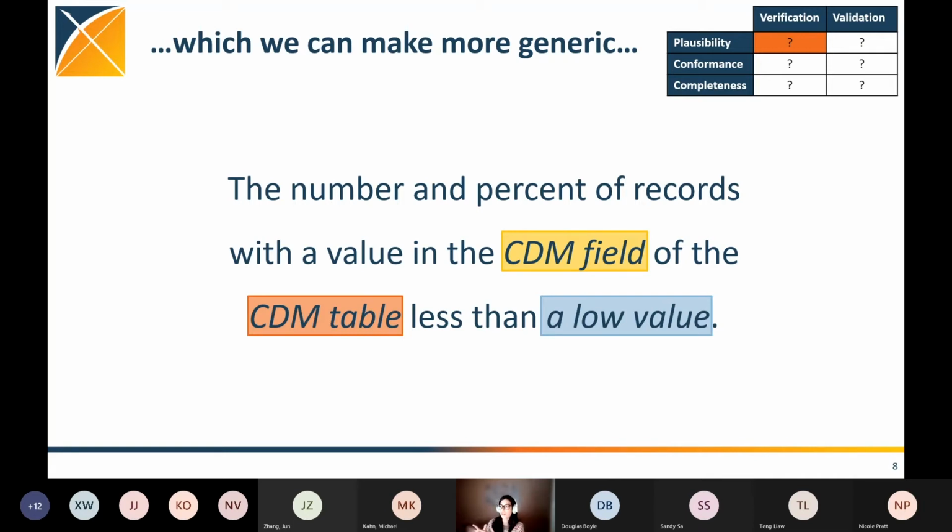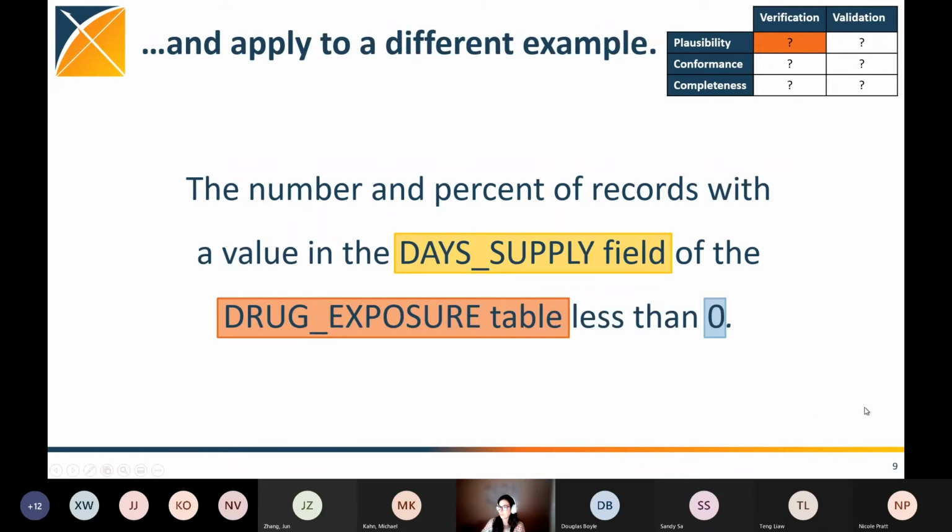And so this is why the structure and use of the CDM is important here, because we know what tables and fields to expect in a database. So we can then know what we can swap in and out of these data quality check types.